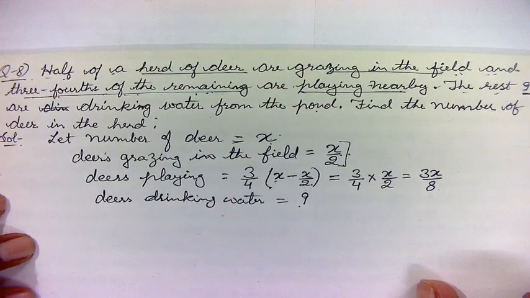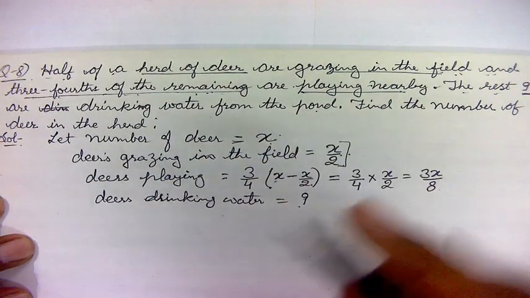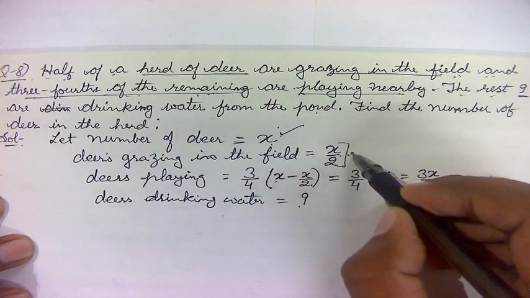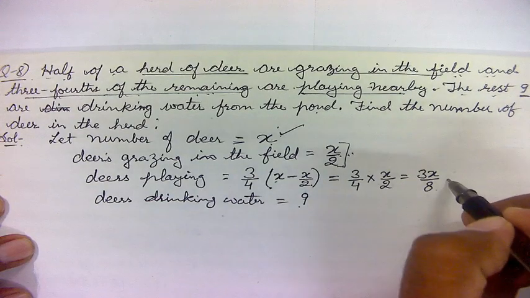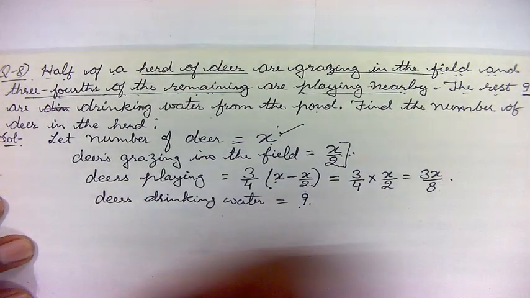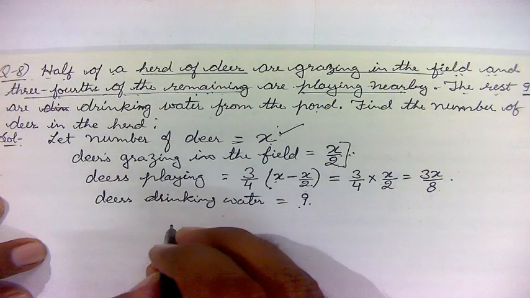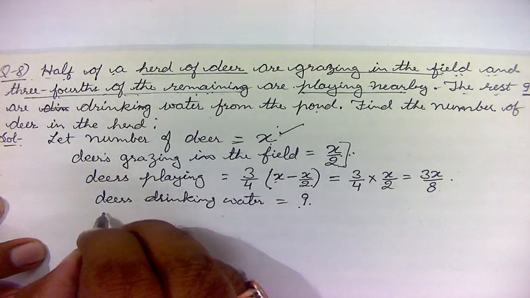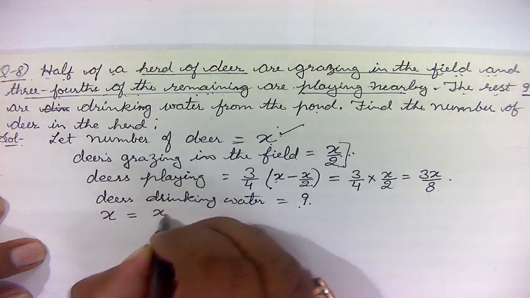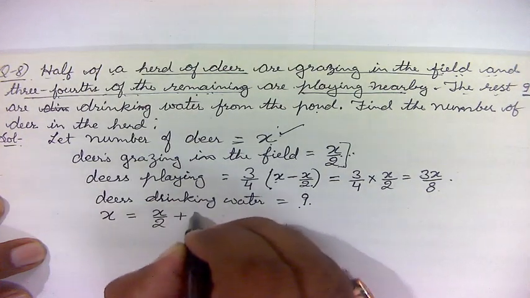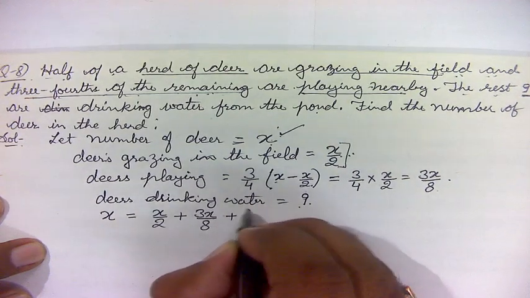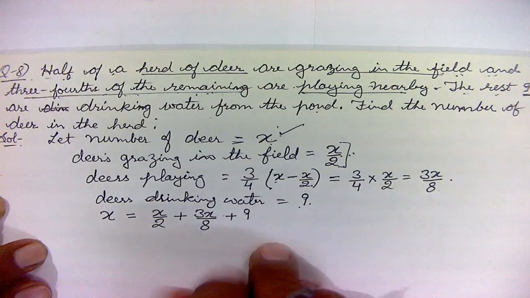Now you have to find the total. The total number of deer is equal to the deer grazing in the field, deer playing and deer drinking water. So form an equation: x equals x upon 2 plus 3x upon 8 plus 9.